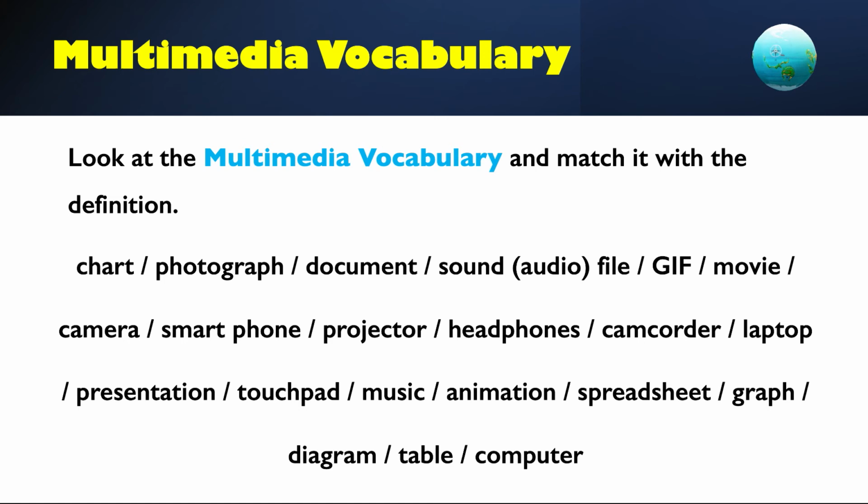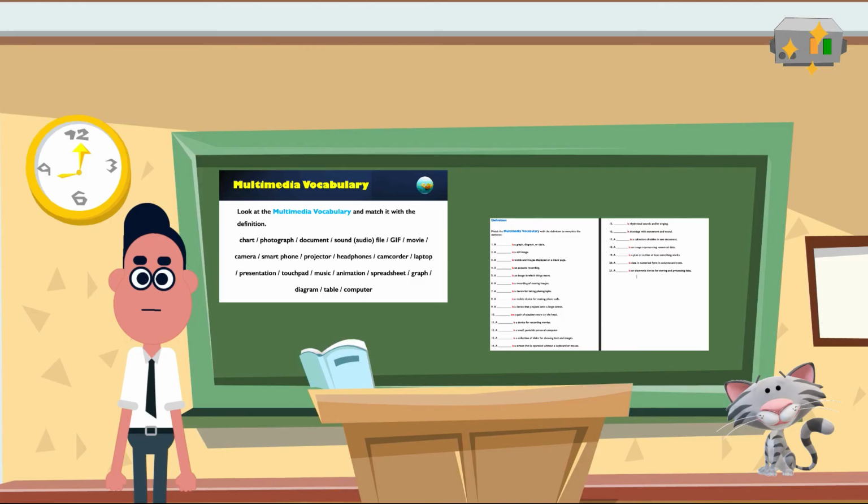These are only 21 words. There are obviously more, but these are 21 words that are very common and used frequently in the English language. Probably in Korean language too. So you might recognize some of them already. Wow. So we have the vocabulary, and the idea is we're going to match them with their 21 definitions.